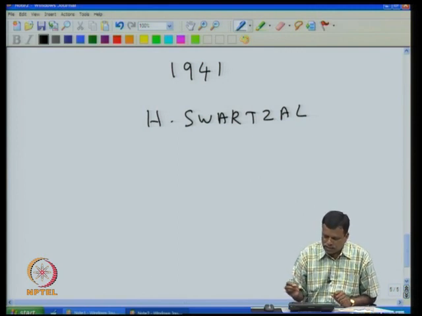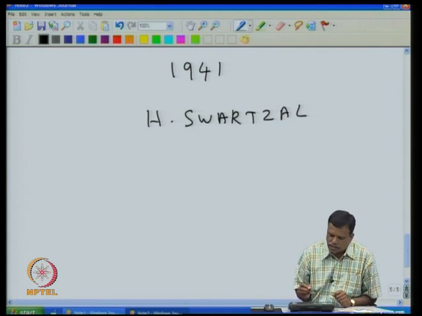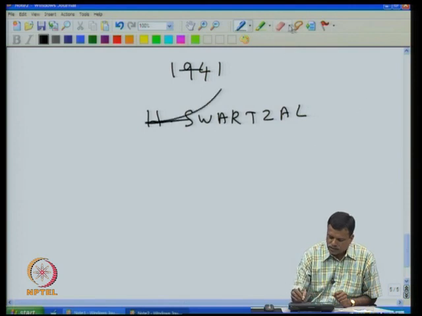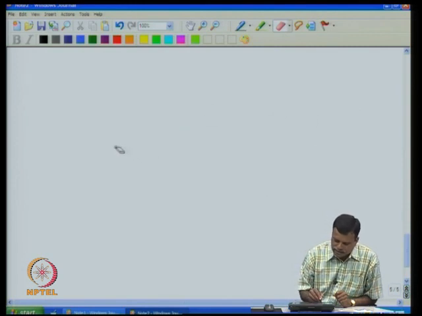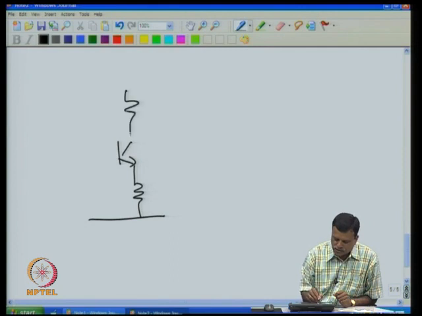Now, if you look at Schwarzschild's work, what had he done? Basically, he had taken the same transistor amplifier that we had discussed. He had taken 3 transistor amplifiers, like what we had shown there.